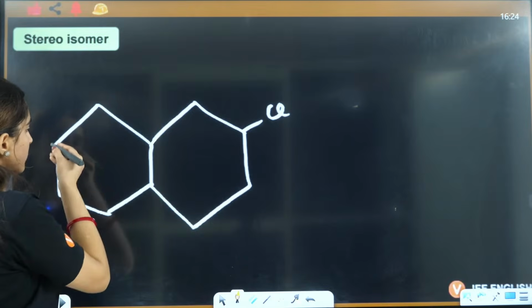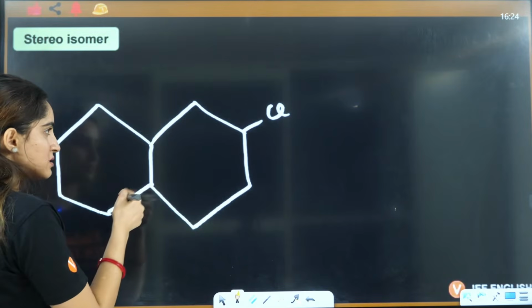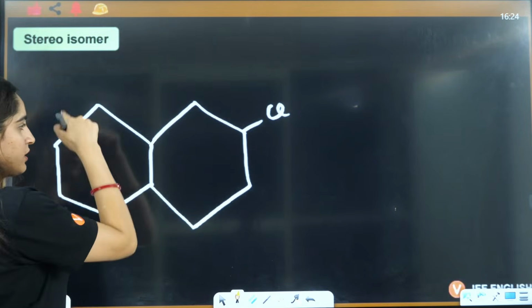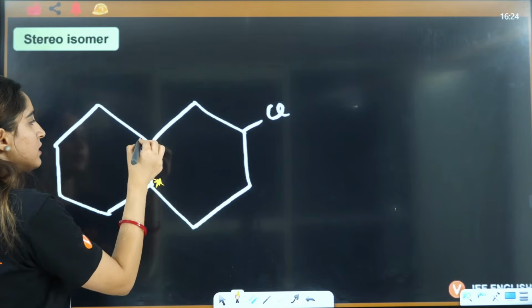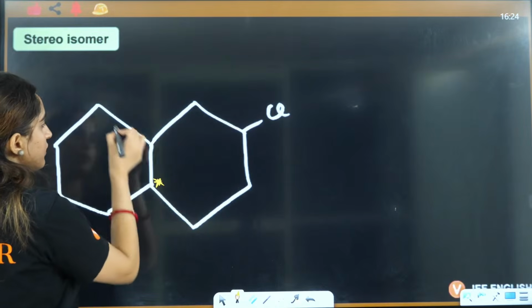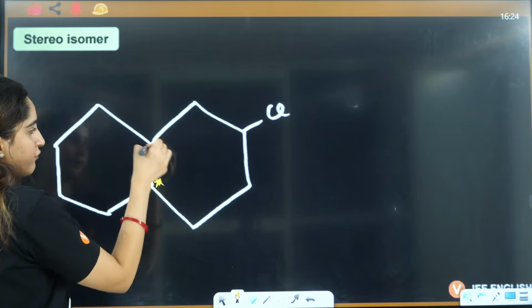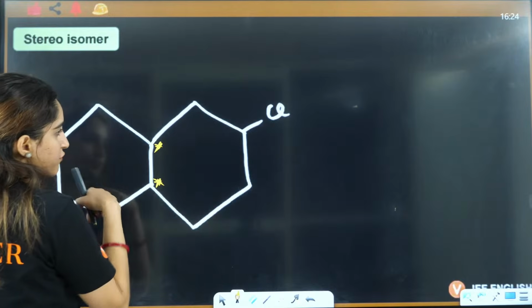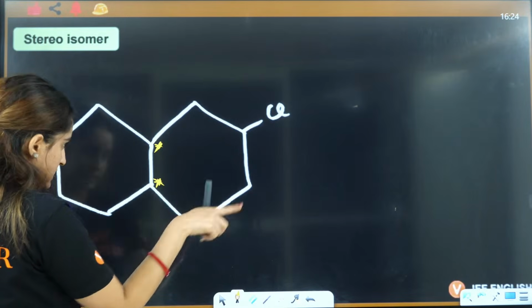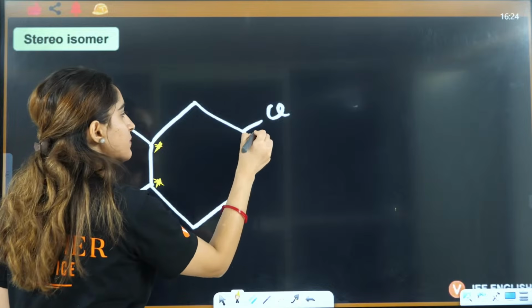Here this is different, yes. This will be chiral. This different, this will be chiral. This different, this will be chiral.